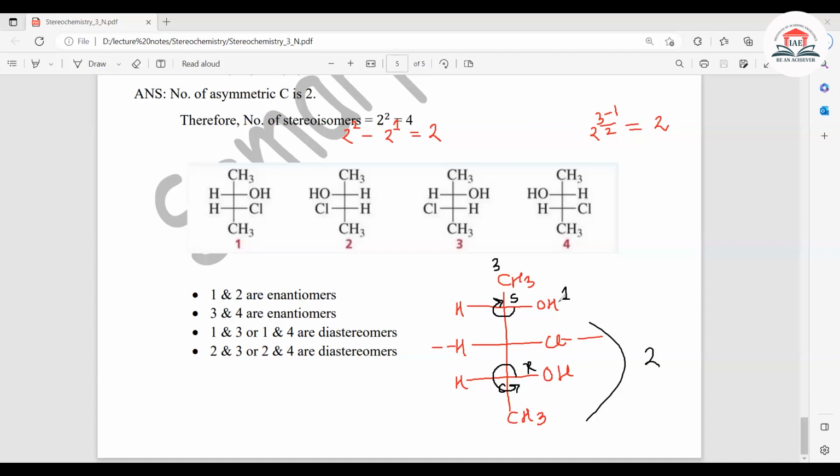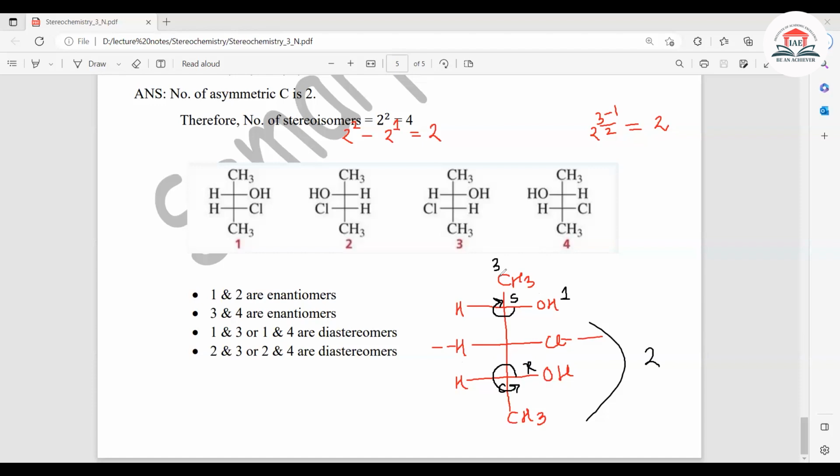I'm just saying this so that you can understand why these two groups are different, although they look the same. When you take the configurations or the arrangement of atoms, we find that these two groups have different configurations.